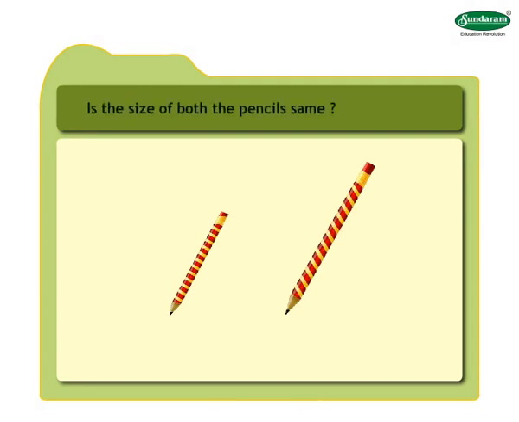Is the size of both these pencils the same? No. The one shown above is a shorter pencil, and the one below is a longer pencil. Let us put one dot for shorter pencil and two dots for longer pencil.